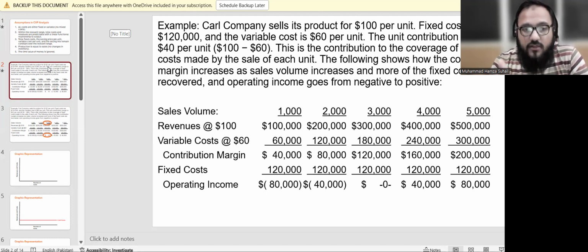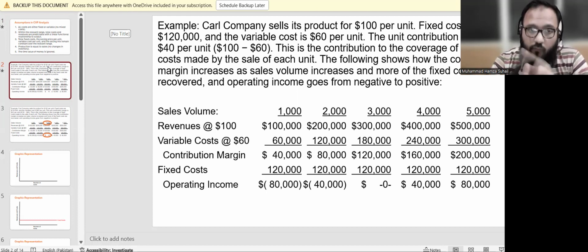Now you can see that when the sales volume was 1000, we had a total sales revenue of $100,000 and the variable costs were a total of $60,000, resulting in a total contribution margin of $40,000, whereas the total fixed cost of the organization is $120,000. What do we have? A loss of $80,000 because the contribution was not sufficient enough to cover all those fixed costs of the organization.